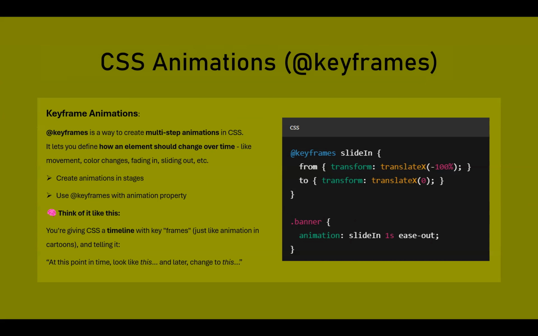So you say at this point in time, it looks like this. That's literally how cartoons work. When you see a cartoon blinking or talking or doing a movement, they are short clips, short frames joined together with different positions. When you put all of them together, it's going to look like a video of the thing. It will happen smoothly when you're watching it as a video, but behind the scenes, it was just different frames of different positions, different drawings brought together.